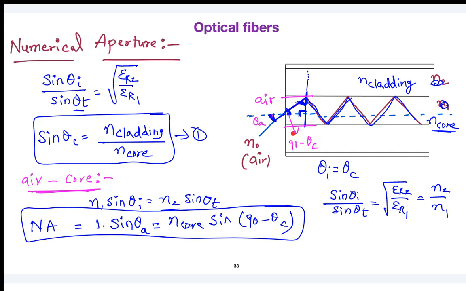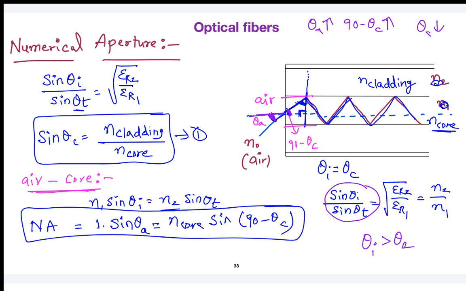Now what will happen if the angle of incidence at this particular point is greater than my acceptance angle? Since theta a and 90 minus theta c are both proportional, because you can use your Snell's law, when theta a increases, your 90 minus theta c increases, which means your theta c decreases.